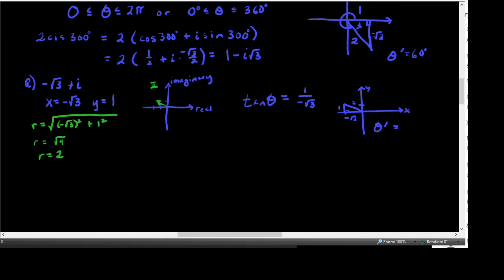Opposite the one side, the short side, is the 30-degree angle, which in radians is pi over 6. And so the angle we want to use is the angle that puts us into the second quadrant. So pi minus pi over 6 means that's 5 pi over 6.